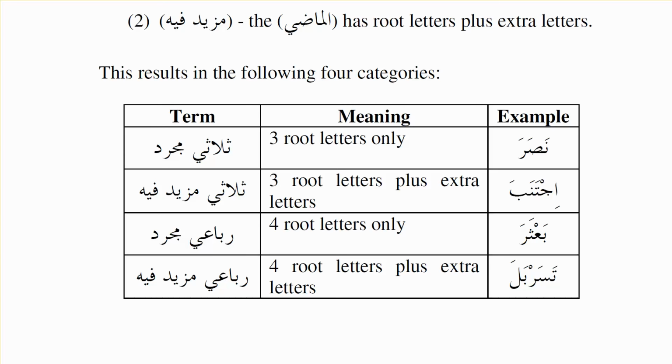My point here is to show you that the specific pattern we're learning now is exclusive to only thulathi mujarrad. So everything we're going to learn regarding the pattern and how to derive and formulate these is exclusive to what? Thulathi mujarrad. If you have any questions regarding that, write them down and ask me in class on Tuesday, inshallah. Let's go back to where we were.